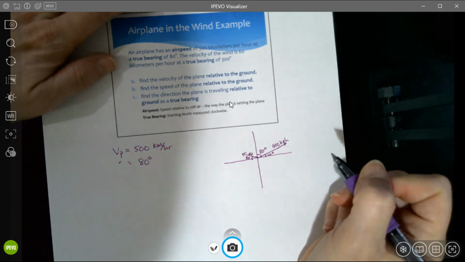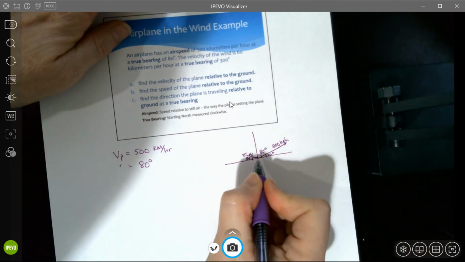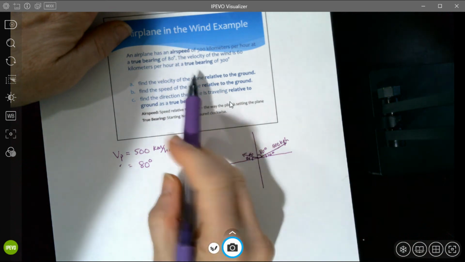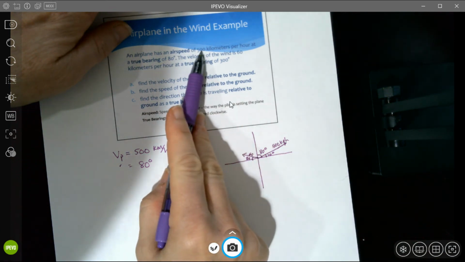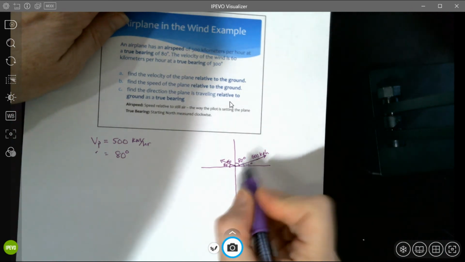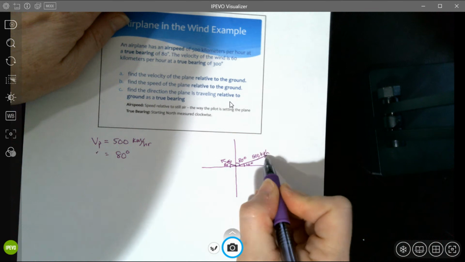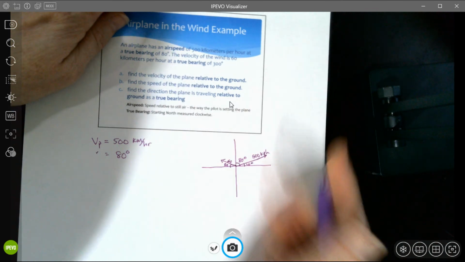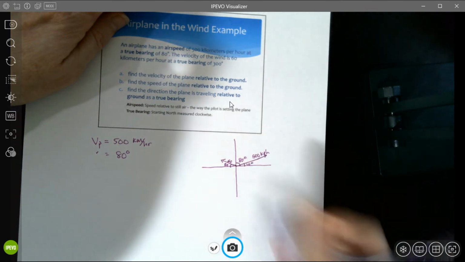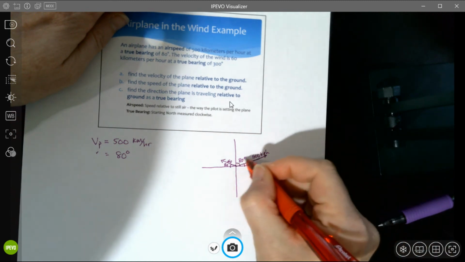Okay, so actually I should have drawn the wind a lot less, because it's not really this long compared to 500. But the point is, when we move this to the tip of this, okay, we can see that it's pushing the airplane up, okay? So our result is going to be something that is between them, right?